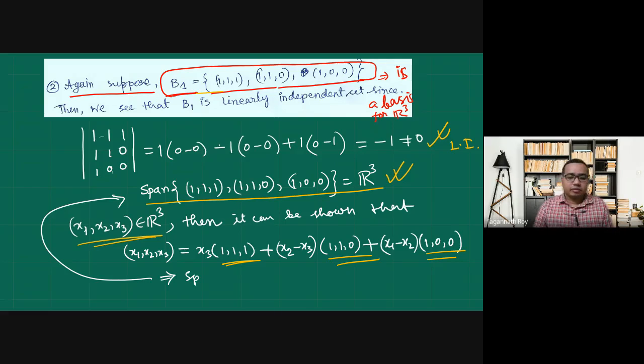In fact, any vector space can have infinitely many bases. We may find some B1, B2, B3 in a different setup, which are also bases of this three-dimensional space. This is true for all vector spaces, not only R3. We can find multiple bases for R4, R5.